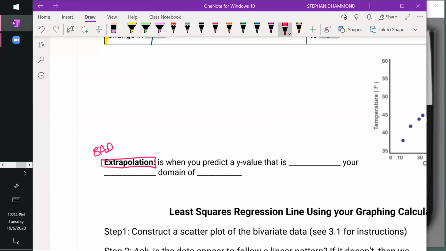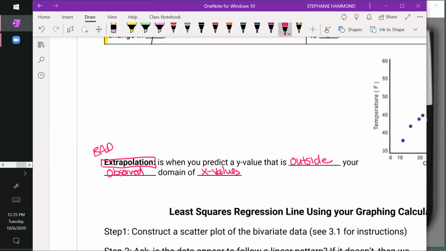That's extrapolation. Okay, so extrapolation is when you predict a y value that's outside your observed domain of x values.